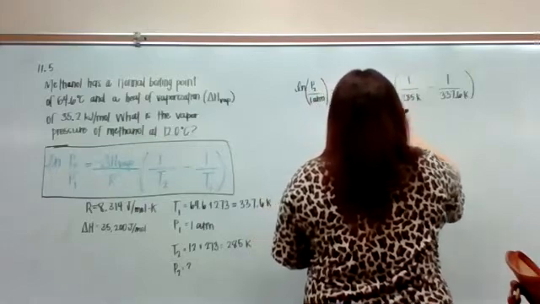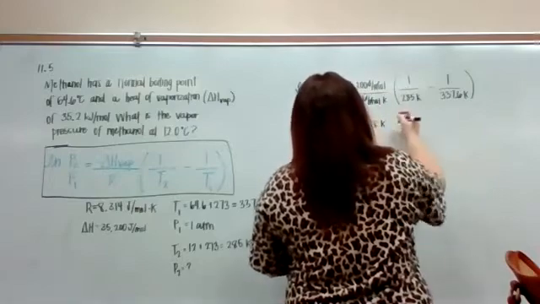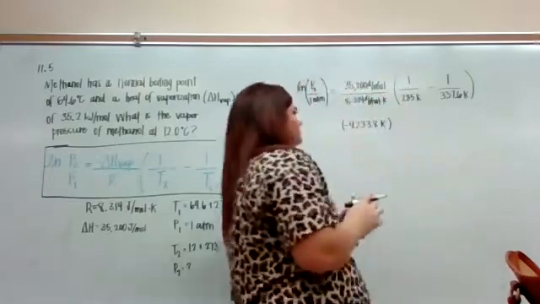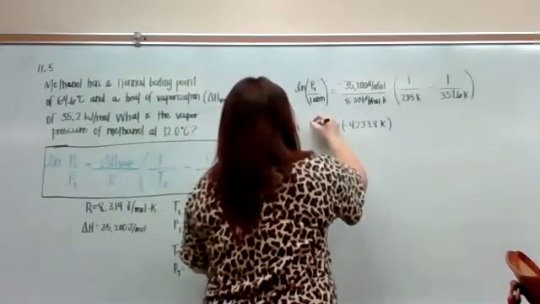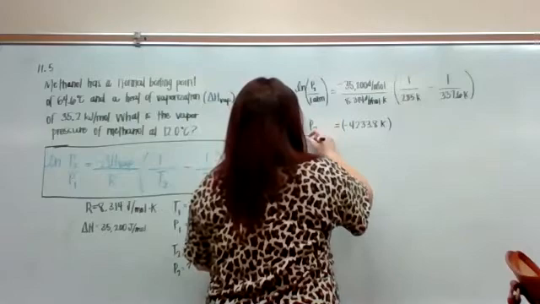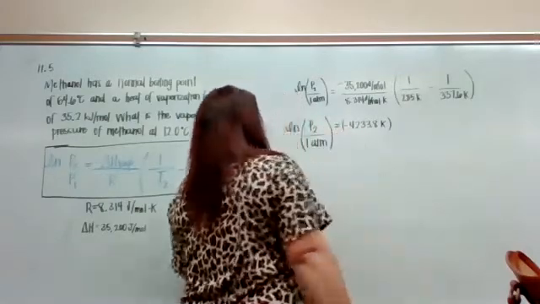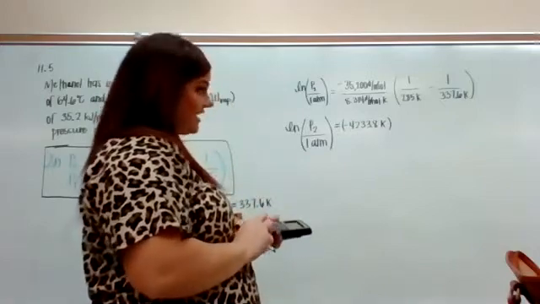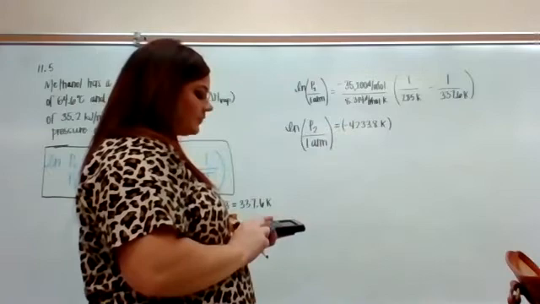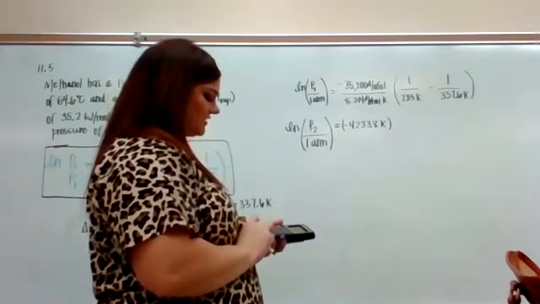We have Kelvin in the bottom of the bottom, so it moves to the top. All right, now I'm going to do my temperature term. I'm going to do 1 divided by 285 minus 1 divided by 337.6.